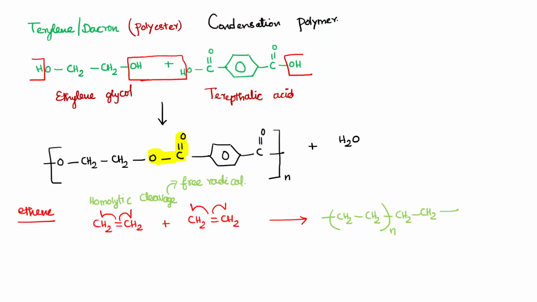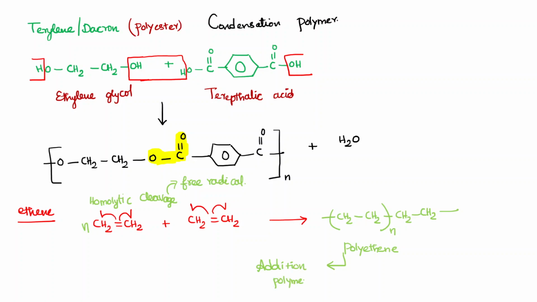Since I have taken two units here, you can see CH2 is coming two times. When I take n times, then this is going to come n times. So therefore we say this is polyethene. Here you will see no molecule such as water is eliminated. So polyethene is an example of an addition polymer. It is not a condensation polymer.